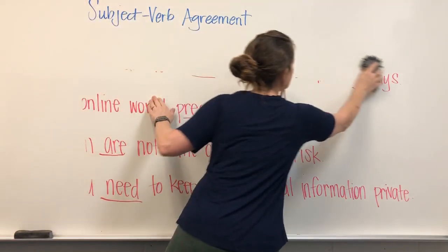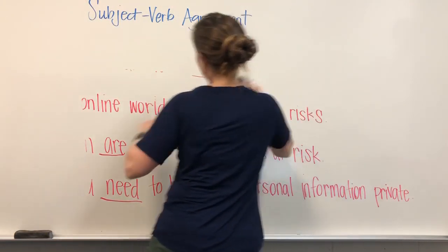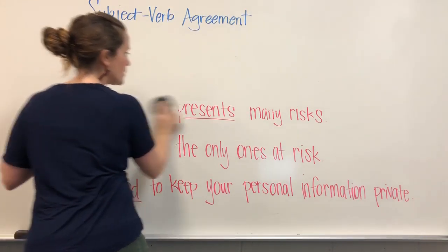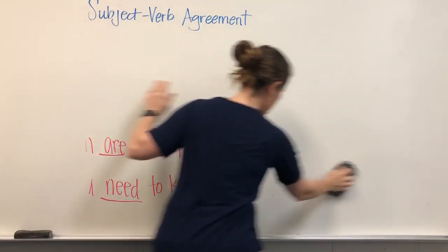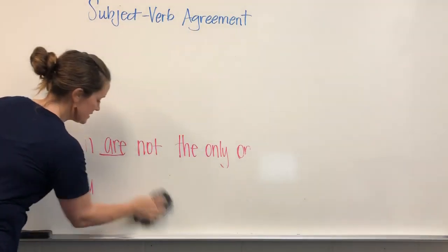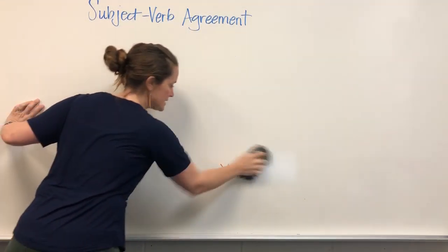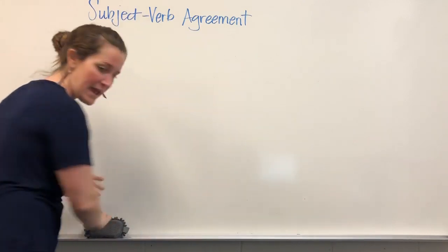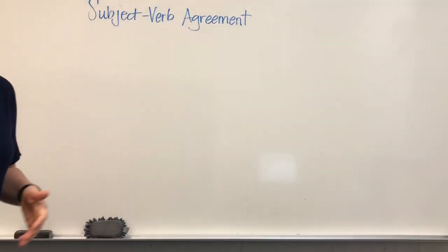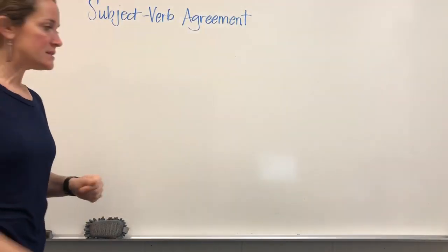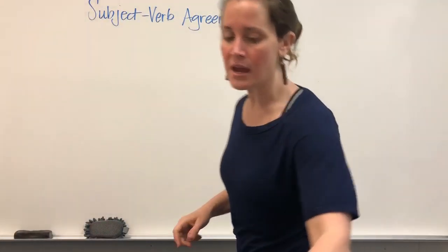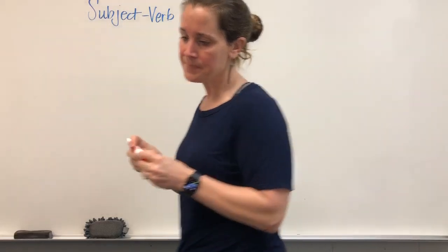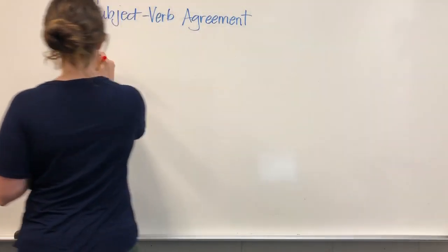So I'm going to erase this because one of the things that we learned in our parts of speech section of our grammar book is that we have prepositional phrases. Now, a prepositional phrase is going to show us a location or give us more information about our subject, okay?